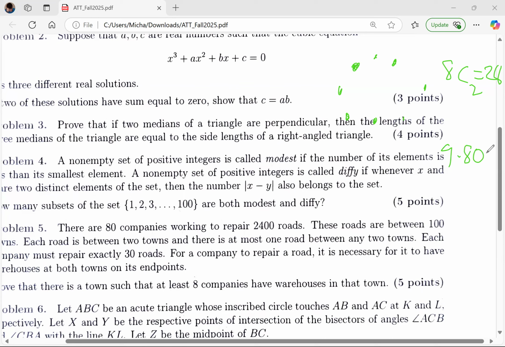All together. Wait, is this a correct argument? It says 9 times 80 warehouses. Wait, getting confused here. How do we know it can't...? Oh yeah, there's no point having more than one warehouse of one color in one town.